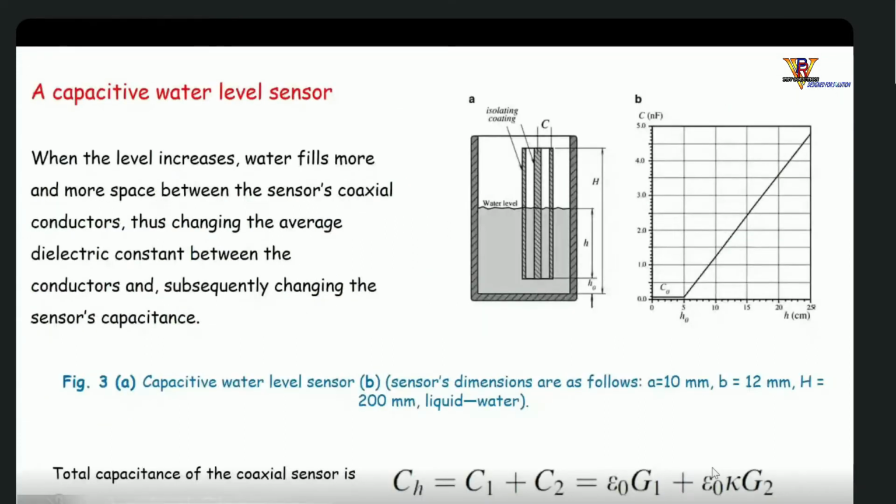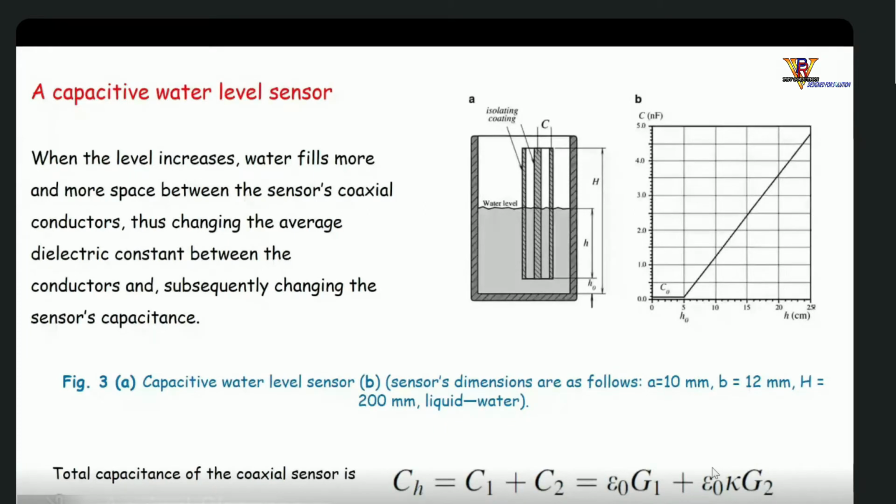Now we will discuss a particular example of a capacitive sensor. Suppose we want to sense the water level in a tank. A capacitor can be used to sense the water level.